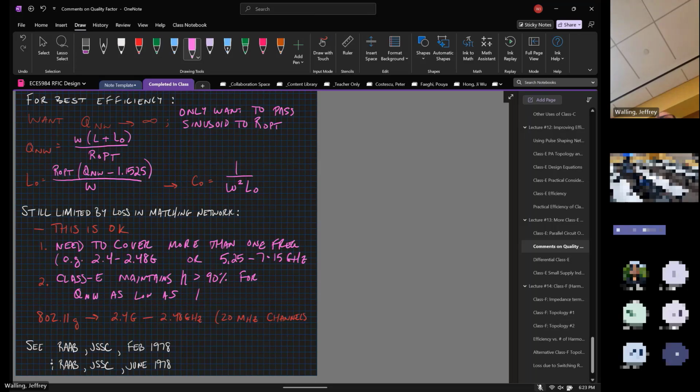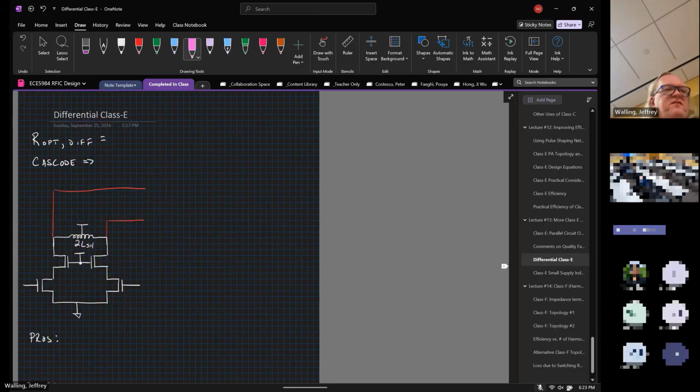Now, much like the linear power amplifiers, we can still benefit with a class E by making a differential circuit. So we can make a differential class E. We get a few key benefits. Remember, R opt differential is equal to 4 times R opt single-ended, for the same output power.